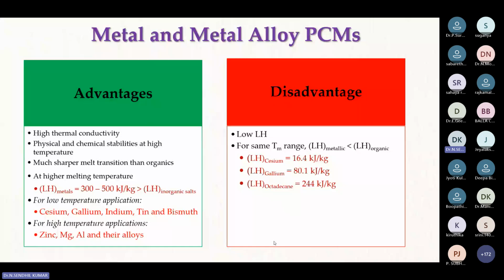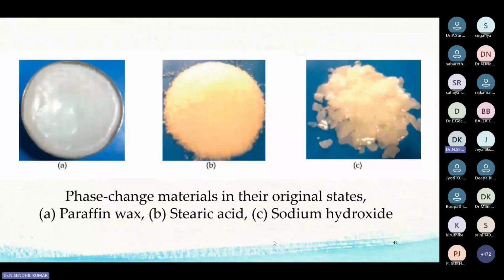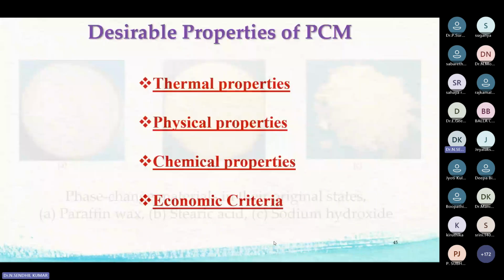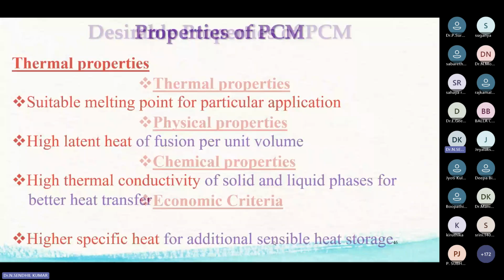And I just want to show the picture of phase change materials: paraffin wax, stearic acid, and sodium hydroxide. All those you can think about for your electronic sites. These are some of the desirable thermal properties. What properties are required? It should have a suitable melting point for the particular application, high latent heat, high thermal conductivity in solid and liquid phases, and high specific heat.